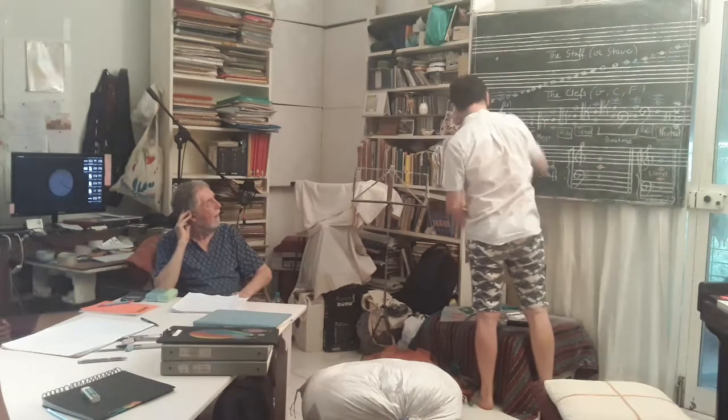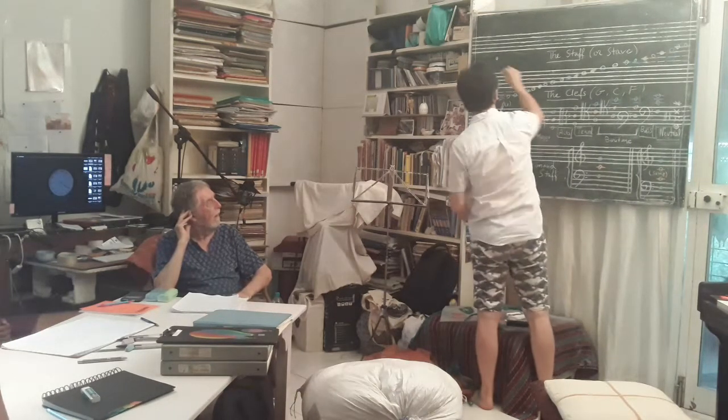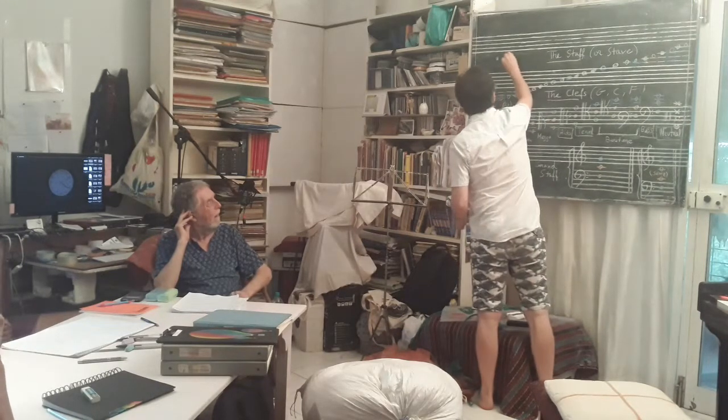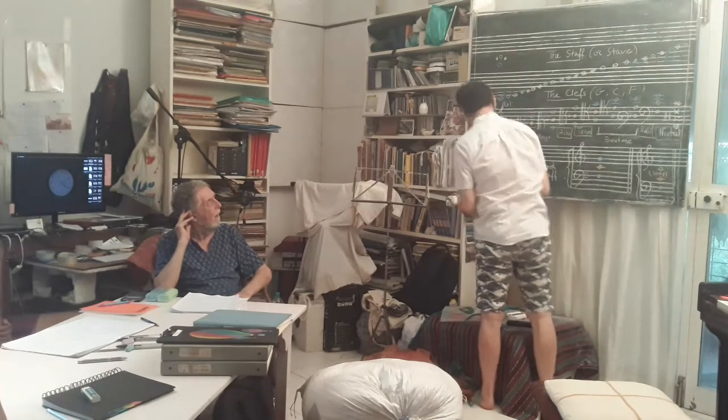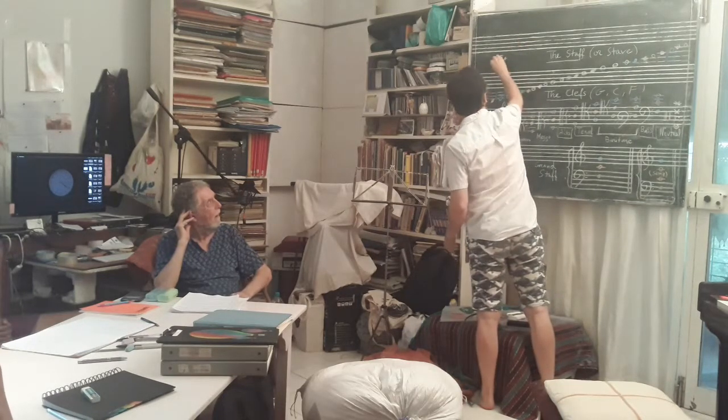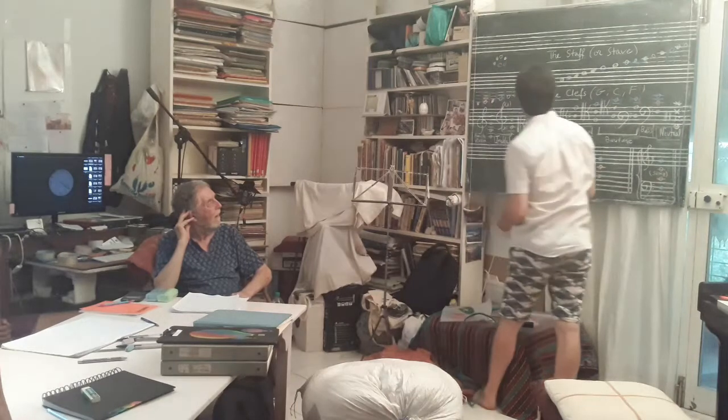Here is one, and here is another one, and then you have this one, and this one. I think between the staff and the clef, it's also not correct. 1, 2, 3, 4, 5.